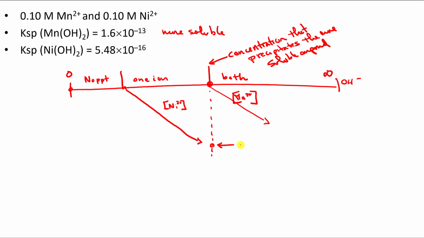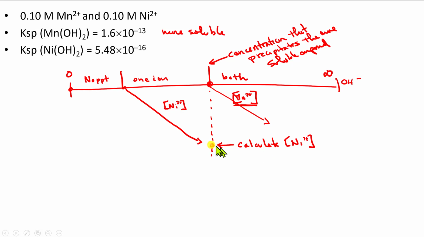We want to know the concentration of nickel at that concentration. And then the effectiveness of the separation will be calculated based on the original manganese concentration because manganese hasn't started precipitating at this point here. It's only started precipitating past that point.